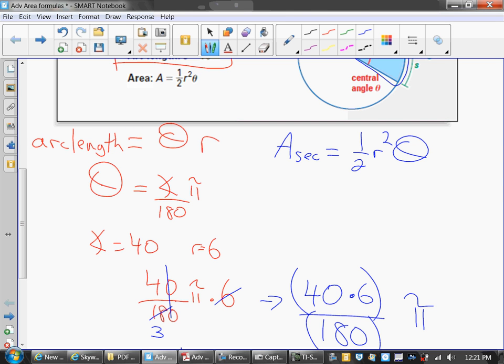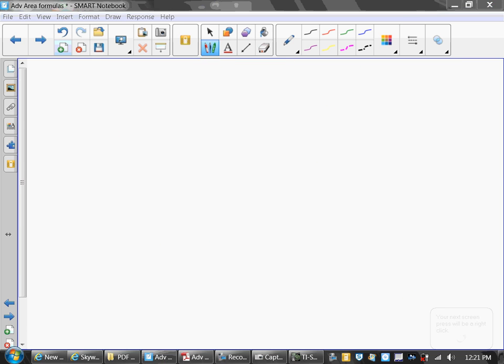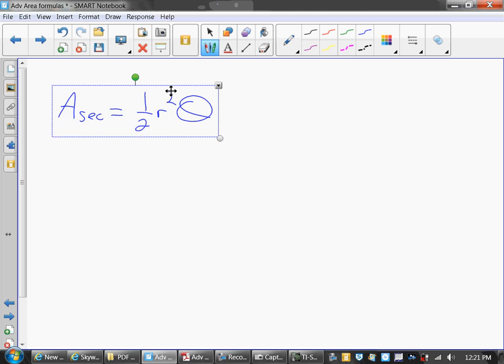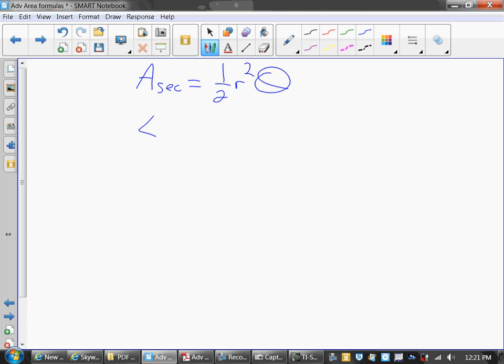So in that last example that I just gave you, let's take a separate sheet. We had the angle was 40 degrees. And what was my radius again? Was it 6? Okay. So if I want to use those same exact values, because you're going to see a lot of problems that say find the arc length and then find the area of the sector.